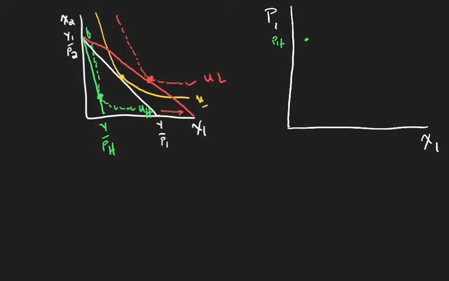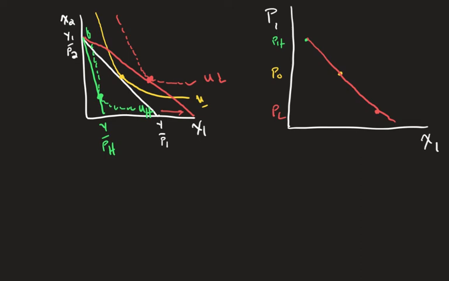Maybe go right here. Then we have that original price, we'll call that P0, where they're consuming more. And then we've got that kind of low price, where they're consuming even more of the good. So we wind up with that nice downward sloping demand curve. It doesn't actually have to be a line. We typically draw it as lines.